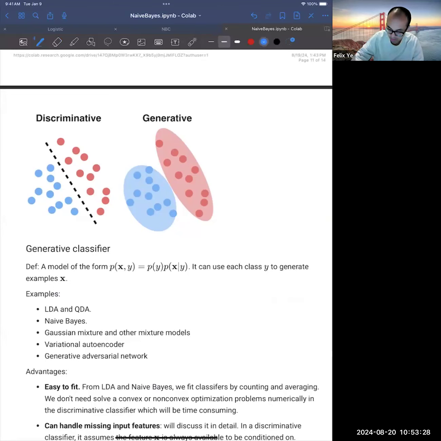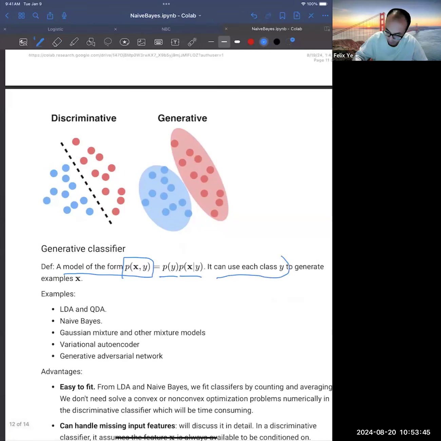The generative classifier directly models the form of P of X, Y. That is, I have a prior and I have conditional probabilities. So that means we can use each class of Y to generate samples of X if we want, since we know the joint distribution. And when we're trying to fit, we're just trying to maximize the joint likelihood, like what we did in naive Bayes.